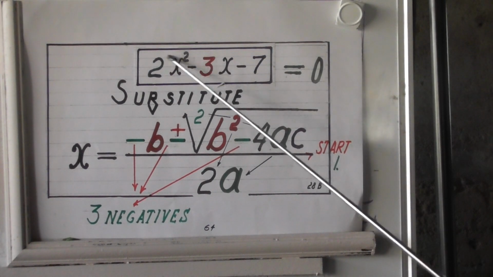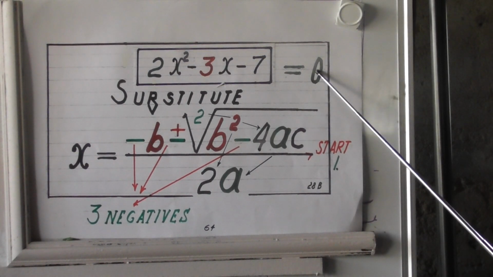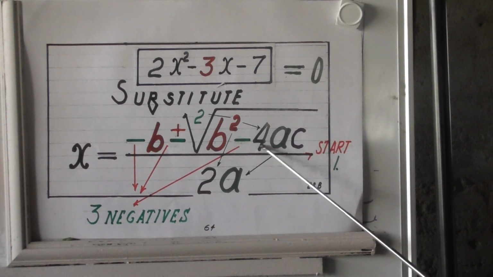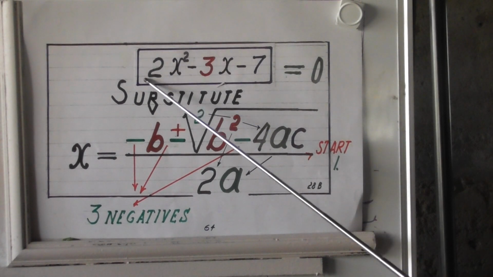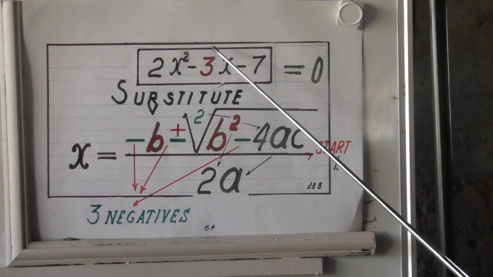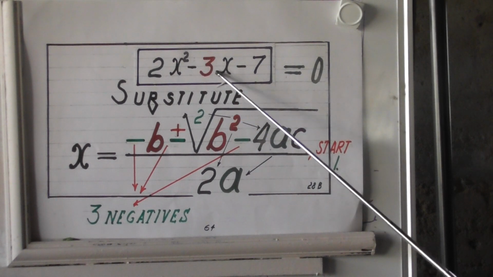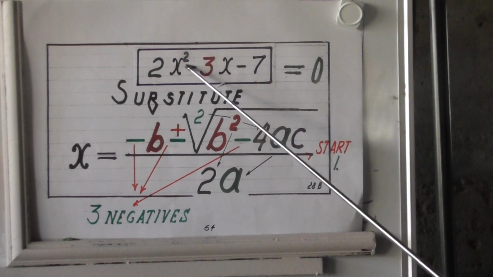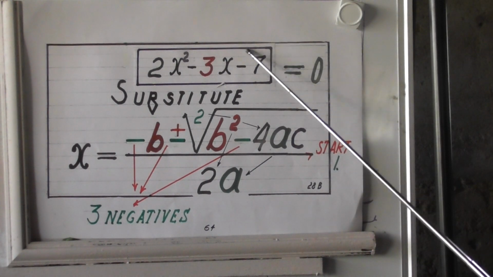This is a specific one. But the general one that uses the 3 letters, we call this A, we call this B, and this C. Not take away 3 now, B is -3, and C is -3.